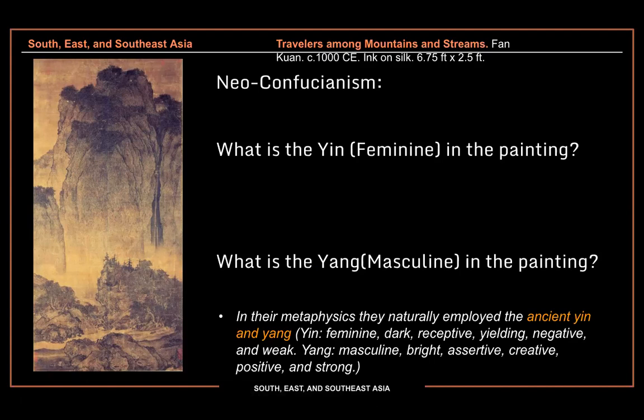Any ideas? Does anyone know what this stuff is right here in the middle? Does anyone know what that stuff is? Like mist? It is mist. And actually the Chinese name for landscape is mountains and water.